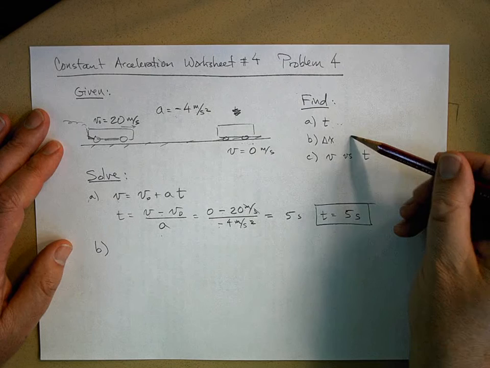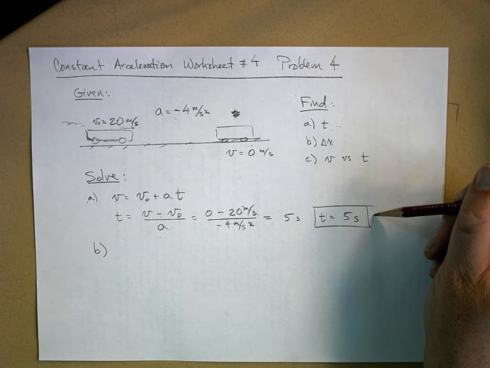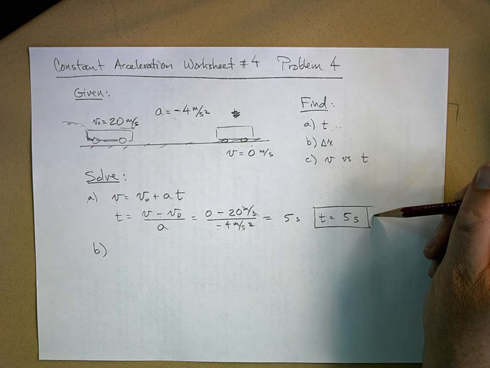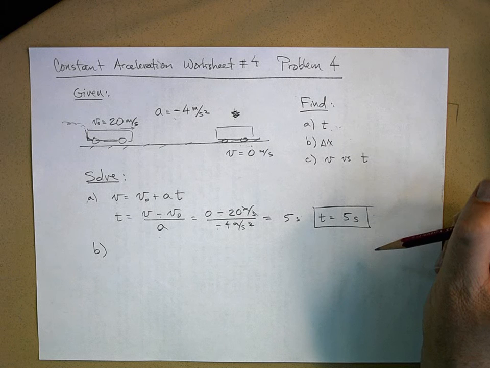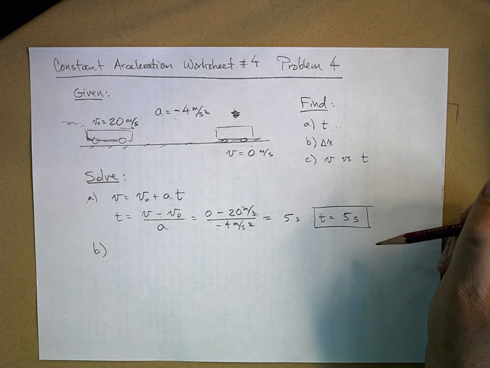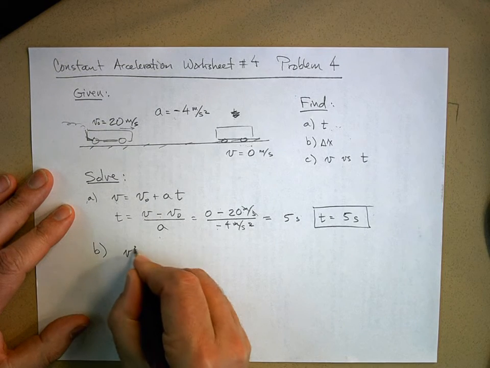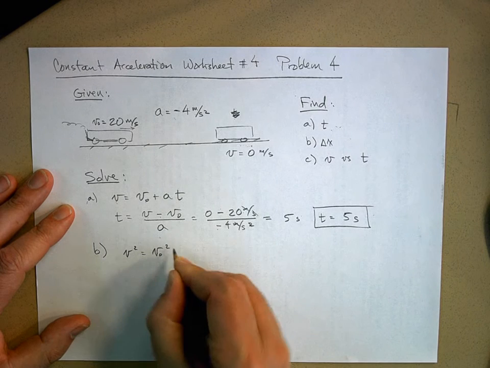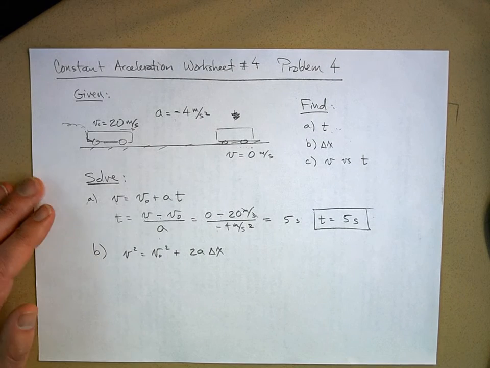Part B, I want delta x. Now I could use the 5 seconds and get the right answer. But what if I made a mistake in part A? I don't want to carry that mistake into part B. So I'm going to use the kinematic equation that doesn't have time in it. And there's only one, and that's the last one, number 4. v squared equals v naught squared plus 2a delta x.